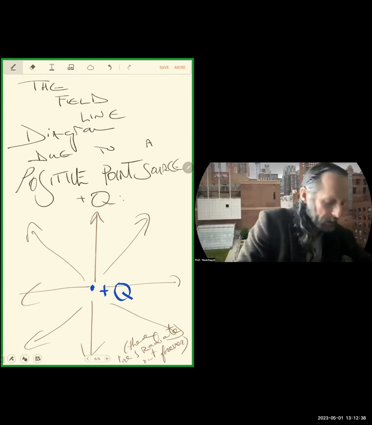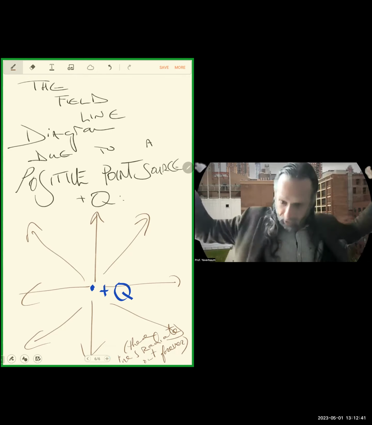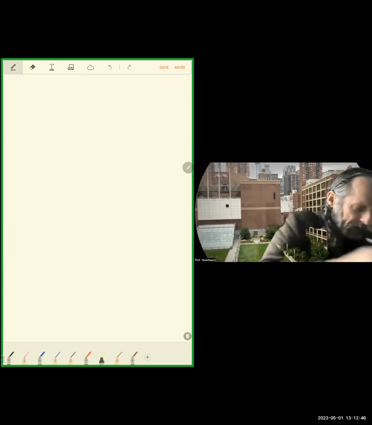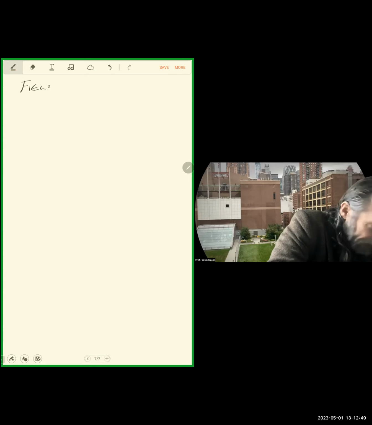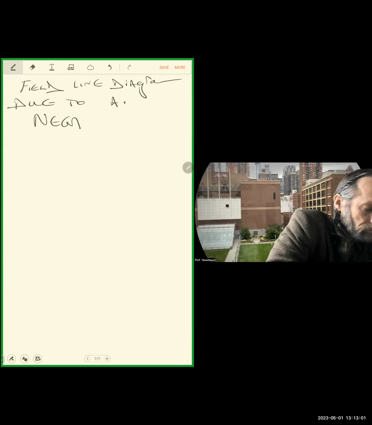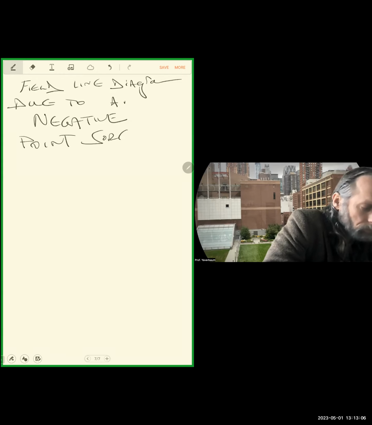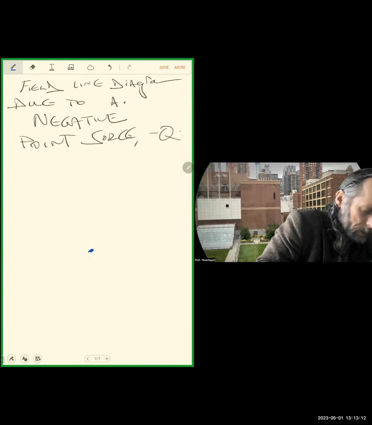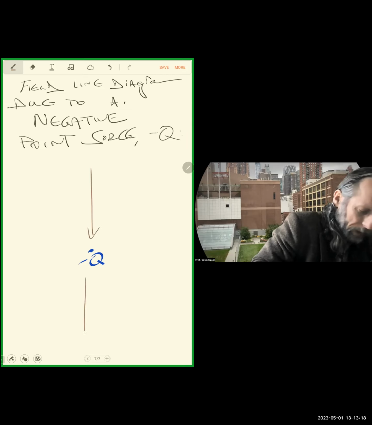Okay, and similarly, these lines radiate, they go on forever. Just to cut to the chase, if I do the field line diagram from a negative, these go on forever as well.